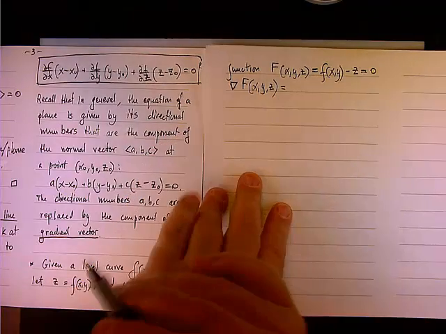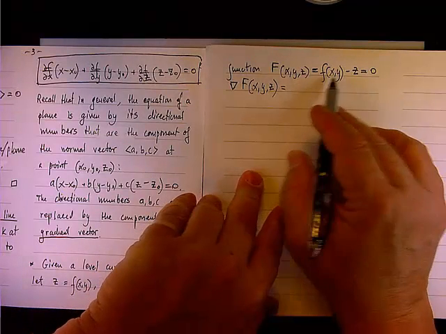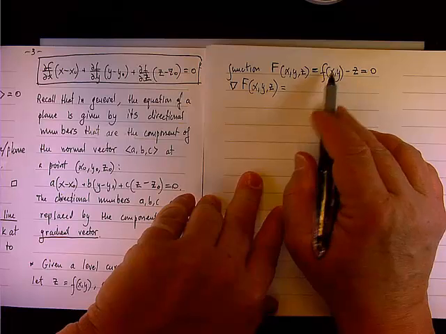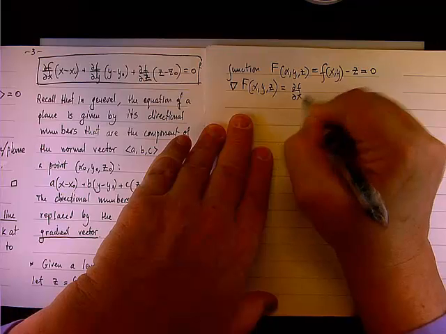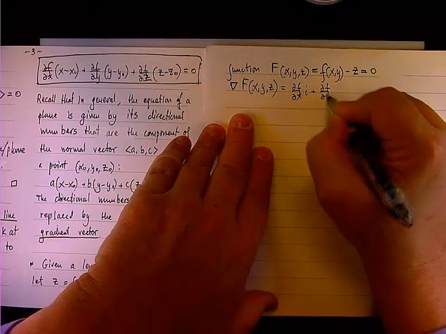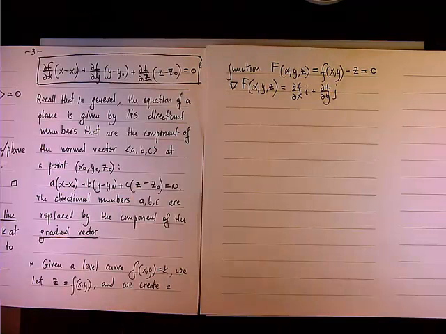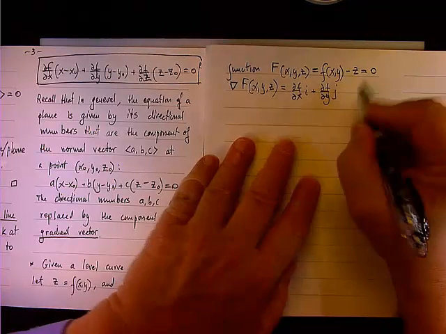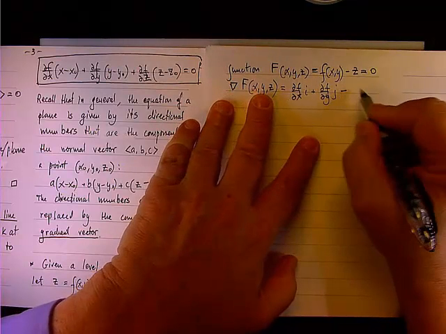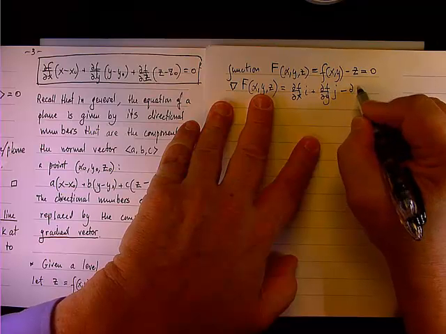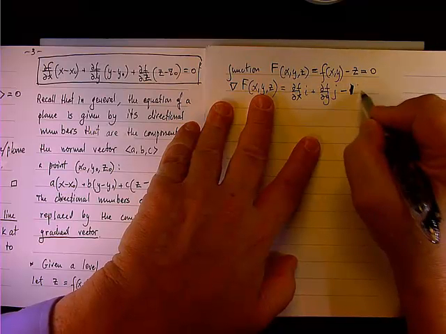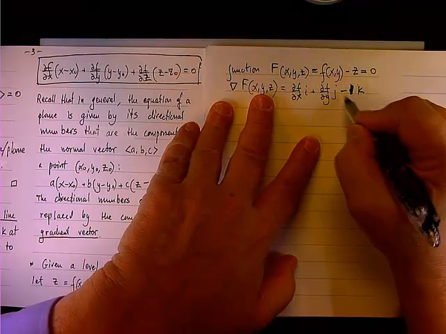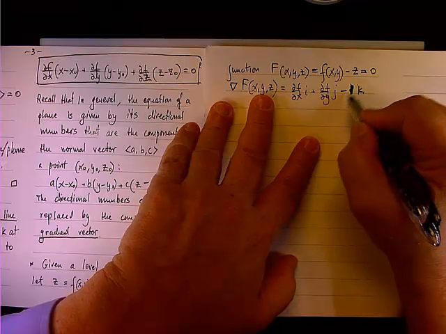And now we find the gradient here. The gradient of this new function F of x, y, z will be the derivative components of f of x, y. So this will be del f del x in the i direction plus del f del y in the j direction, and del F del z will be simply -1, right?